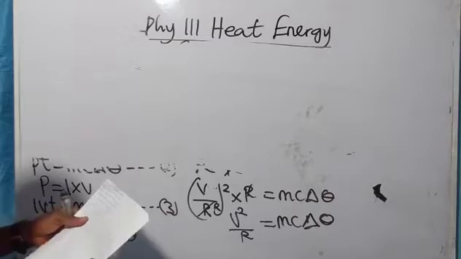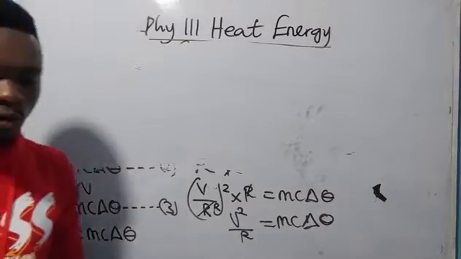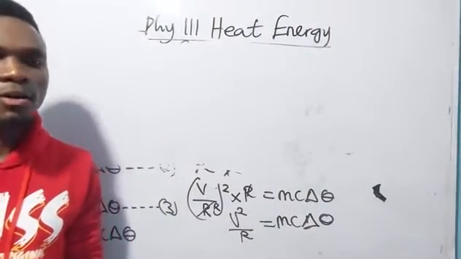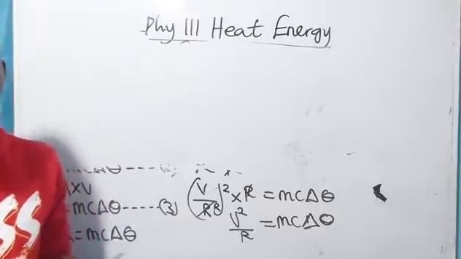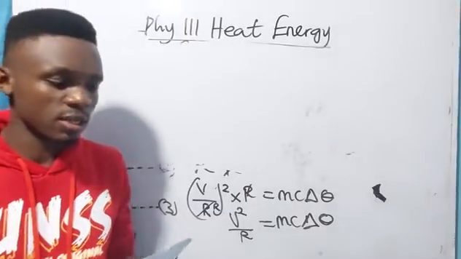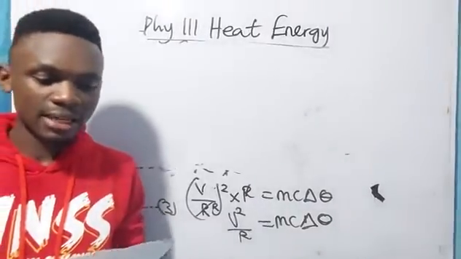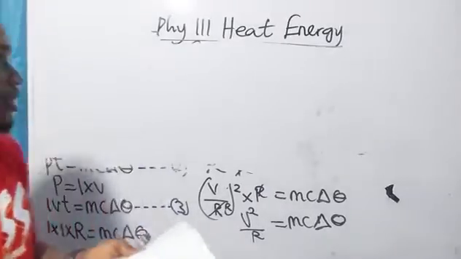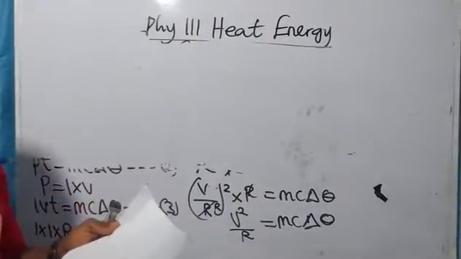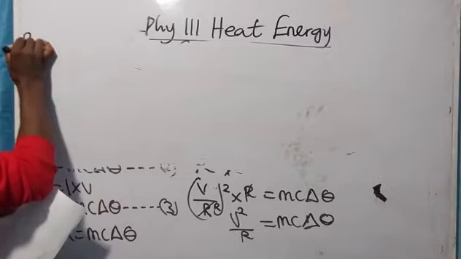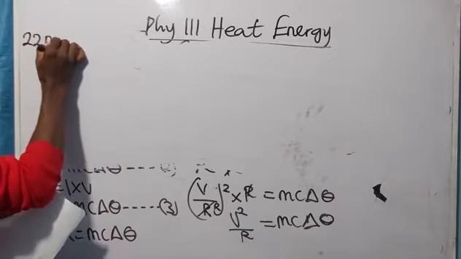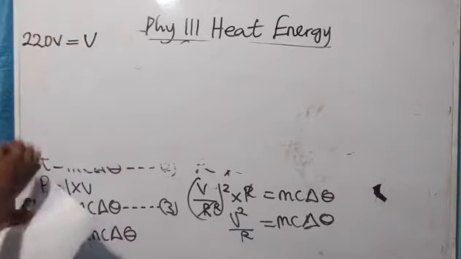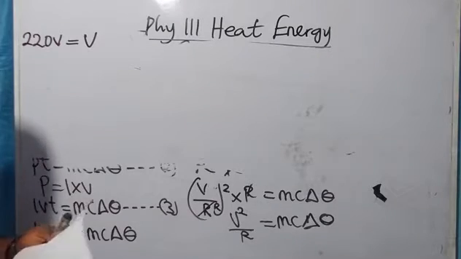You have a question that goes like this. I'll just dictate and you write. You don't have to write everything, just write out the parameters. They said an electric heater rated 220 volts. That tells us V, which is voltage.